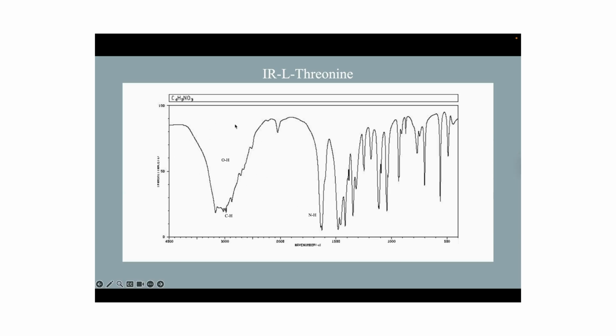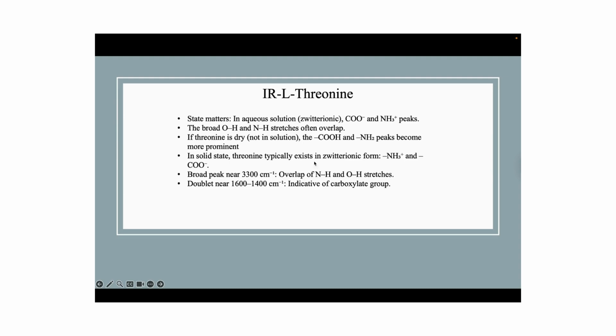The most notable peaks here are the OH, the CH, and NH, the alcohol, the CH bond, and the amine bond. The infrared spectrum for L-threonine depends on the state of matter. In aqueous solution it is zwitterionic, the COO- and NH3+ peaks, and the broad alcohol and amine stretch often overlap. If the threonine is dry, not in solution, the COOH and NH2 peaks become more prominent.